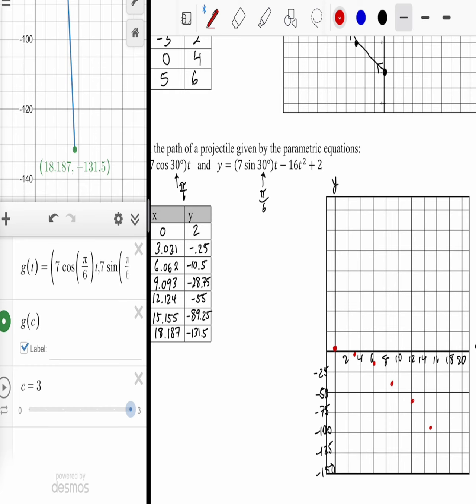And then 18 and change, negative 130 something or other. So something along those lines.